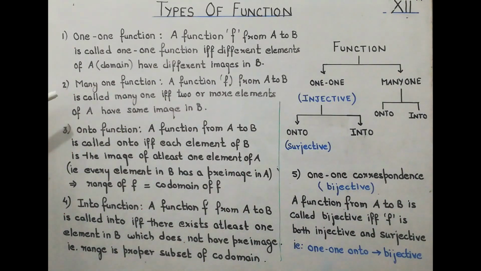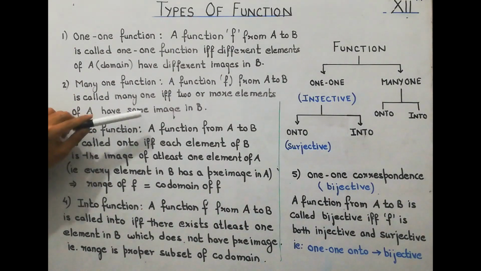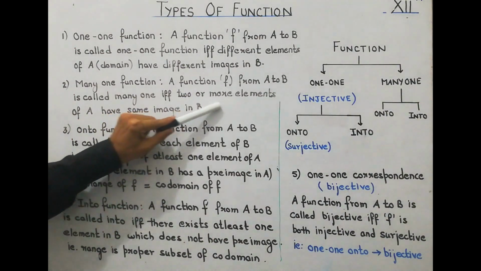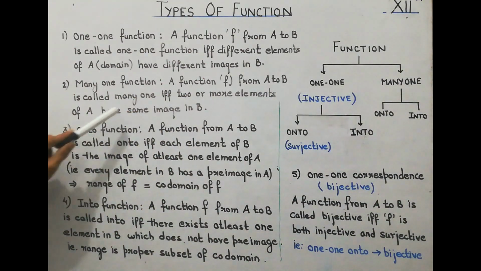Now when is the function called many-one? It is called many-one if two or more elements of A have the same image in B. Then it is called many-one.